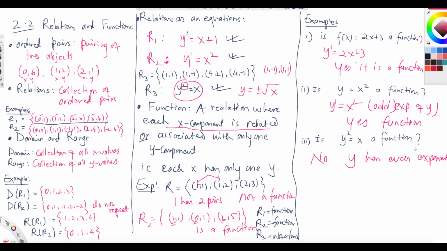Is the even and odd exponent the only way to tell function from not a function? The answer is no. So let me write down the note.